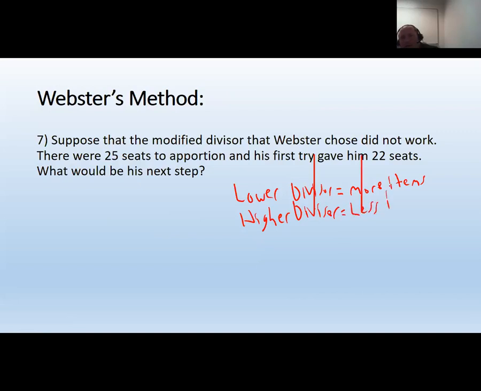Let's just take 1,000 as our population of a certain group and divide it by 50. How many items would that be? If you took 1,000 and divided by 50, you'd have 20. 50 is the example of the modified divisor. I just made that up as an example. But what if we took our modified divisor and lowered it from 50 to 40?